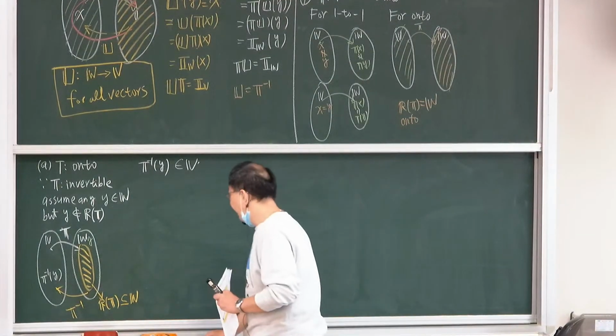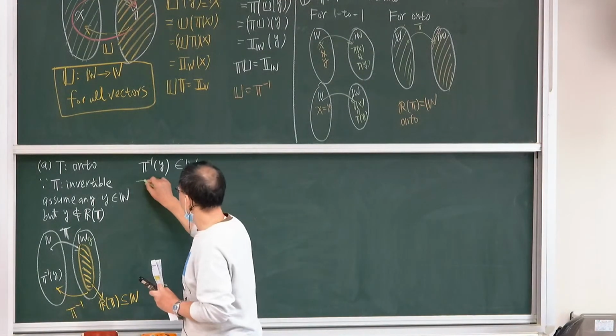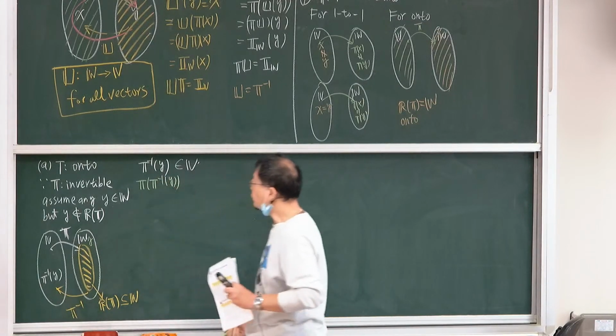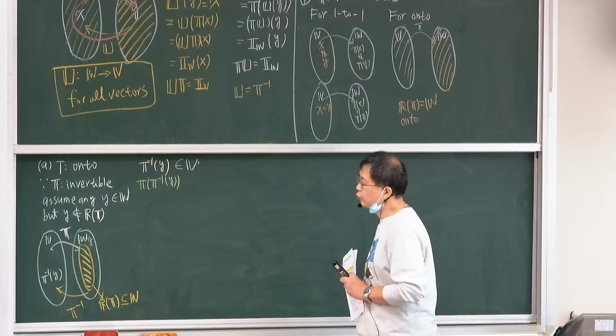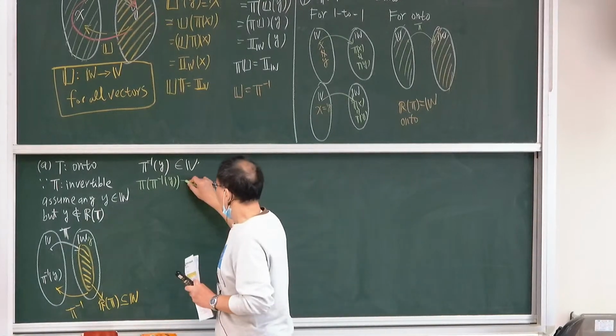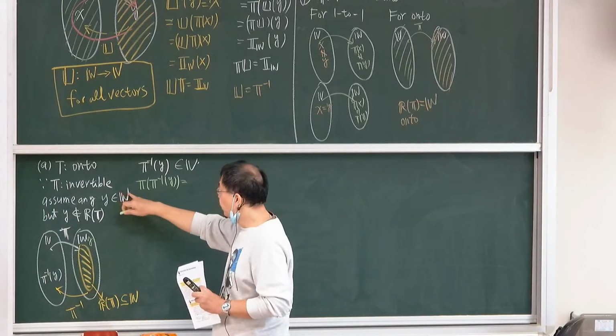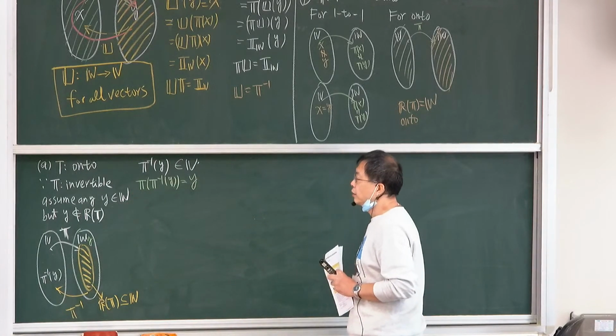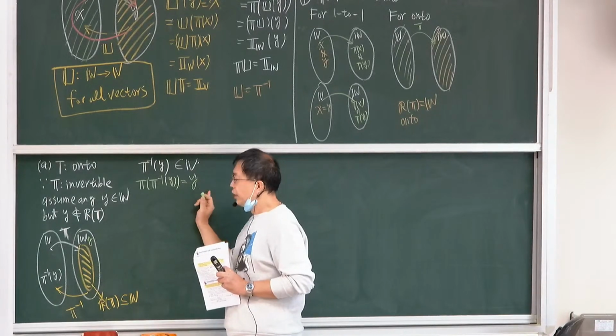Then if we take the linear transformation again, because T is invertible, we get T of T inverse of y equals y.